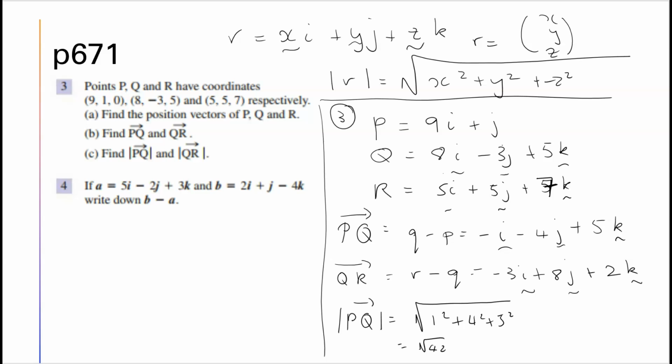And similarly, the length of QR is going to be the square root of 3 squared plus 8 squared plus 2 squared, which would be 77.